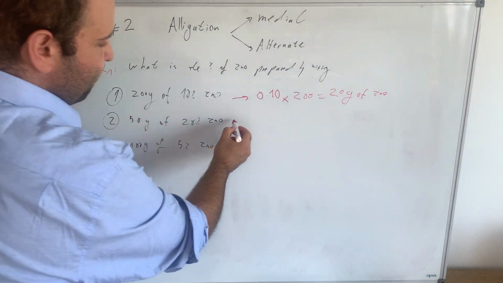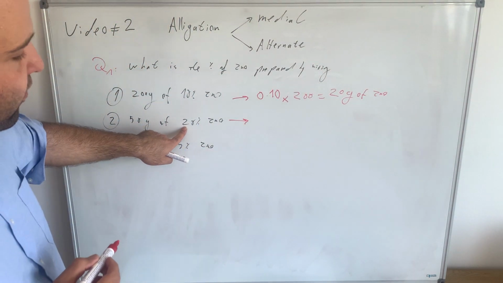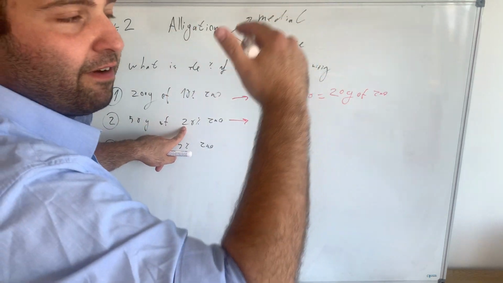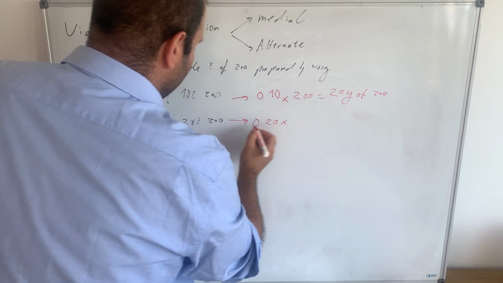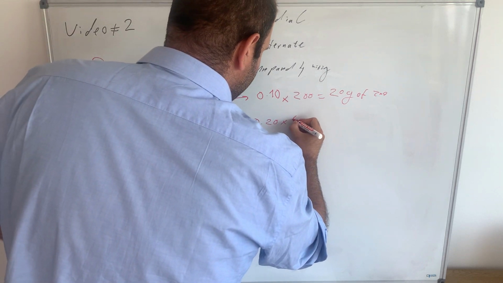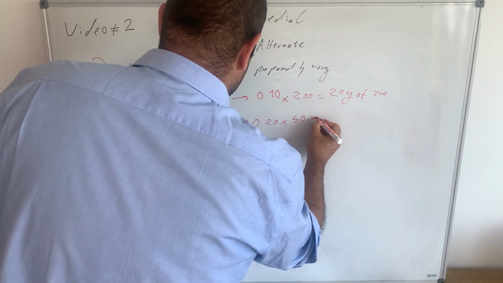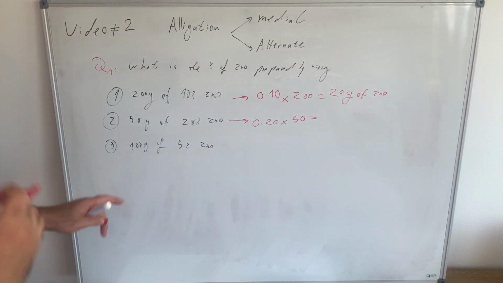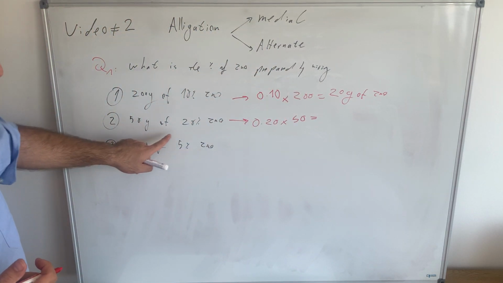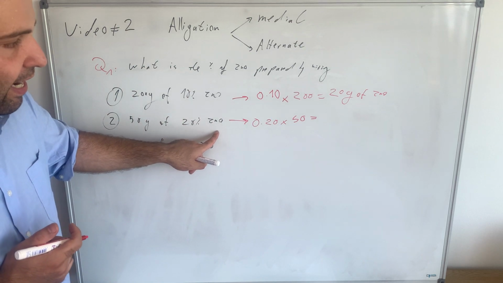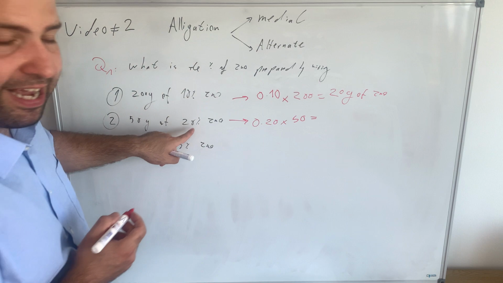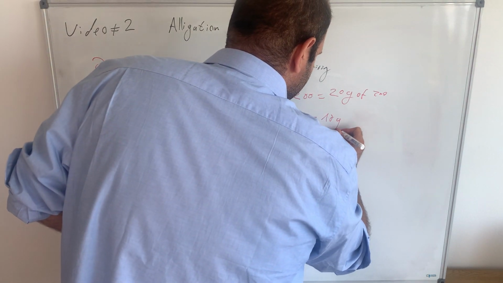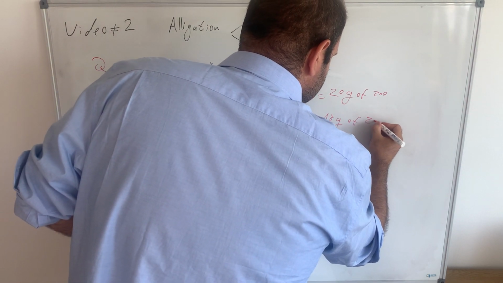The second one, we have to do the calculation again. 20% means 20 divided by 100 is 0.20 multiplied by 50. So, how much is in 50 gram of 20% zinc oxide? If you do the calculation, the answer would be half, 10 gram of zinc oxide.